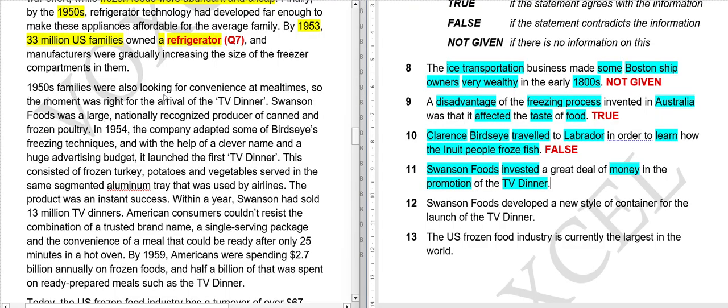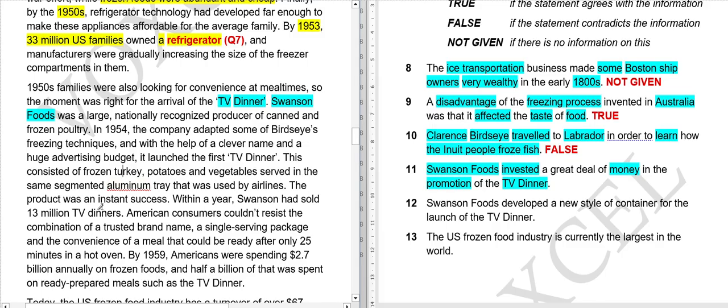1950s families were looking for convenience at mealtime, so the moment was right for the arrival of the TV dinner. Here it is written something about TV dinner. Swanson Foods, again here is the name of the company. Swanson Foods was a large nationally recognized producer of canned and frozen poultry. So they produced these two kinds of food products.